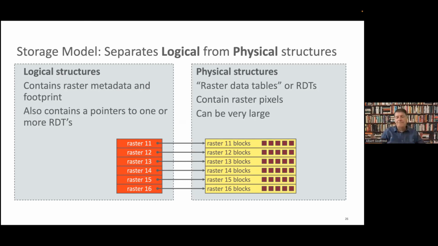So metadata. A footprint also, because each raster will occupy an area on the globe, typically a square or rectangle. That square or rectangle will be stored in here. And then there's going to be a pointer to another table, which has all the blocks. Remember, we cut up our rasters into blocks, and these are the ones which are going to be stored in here.